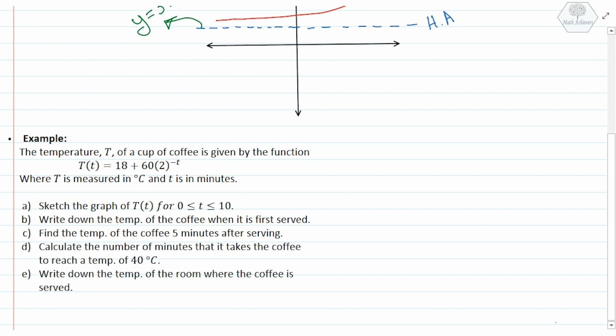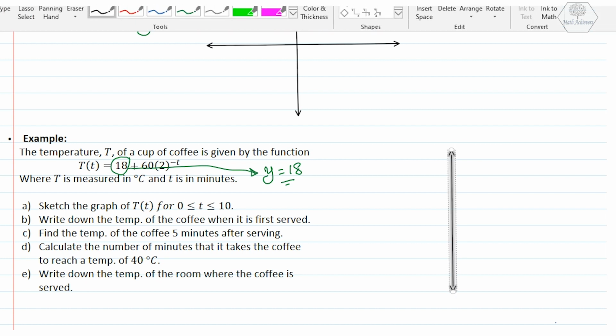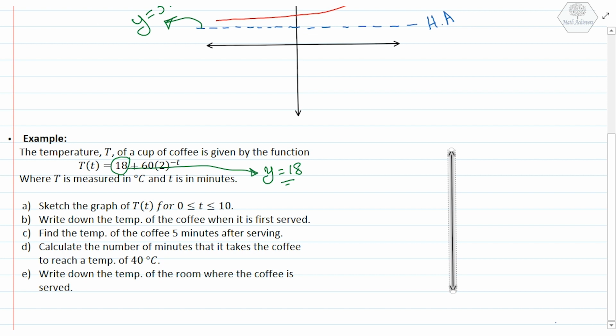Now, to have our graph, first we have to figure out the equation of the horizontal asymptote. In our case, the constant is 18, so the equation of the horizontal asymptote is y equal to 18. After figuring out the horizontal asymptote, we can sketch the graph. I have my axis.